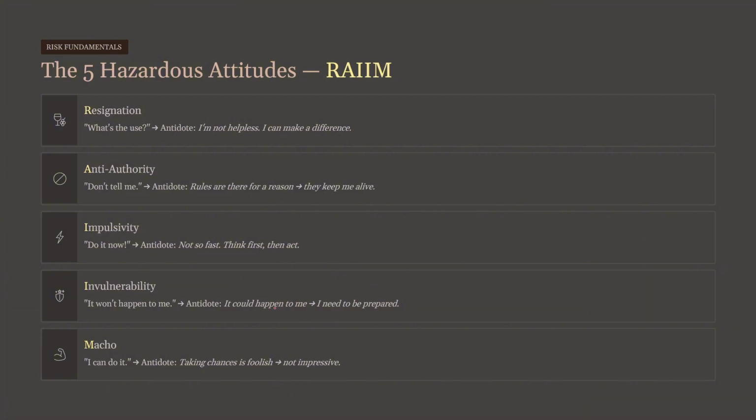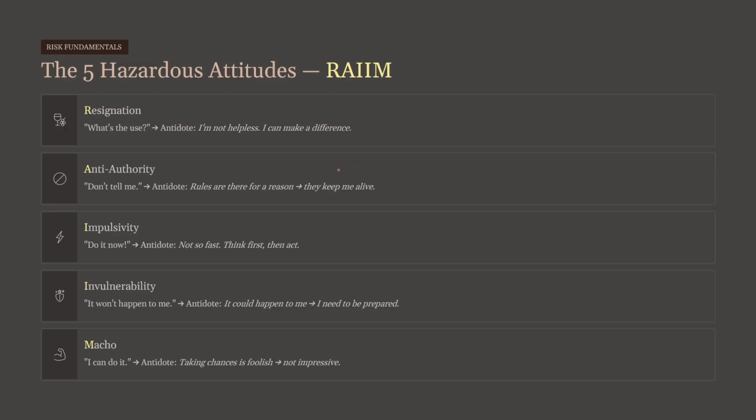This slide covers the five hazardous attitudes remembered by the acronym RAIIM. First, resignation is when a pilot feels like there's nothing I can do. For example, a student might just give up during a difficult situation instead of trying to crack it. Anti-authority is don't tell me what to do.